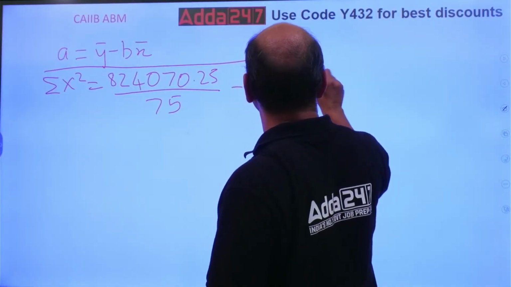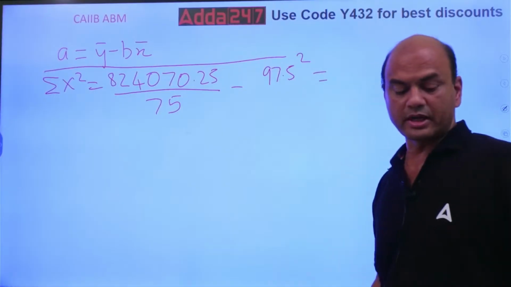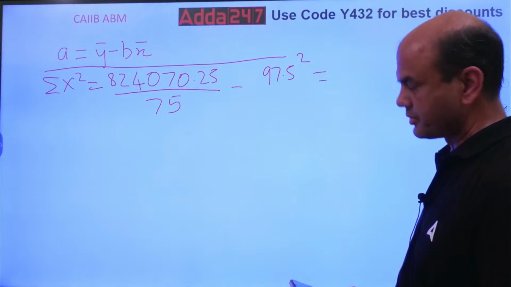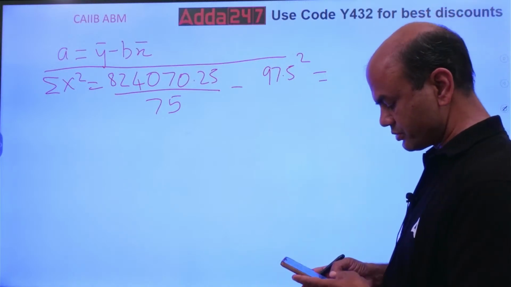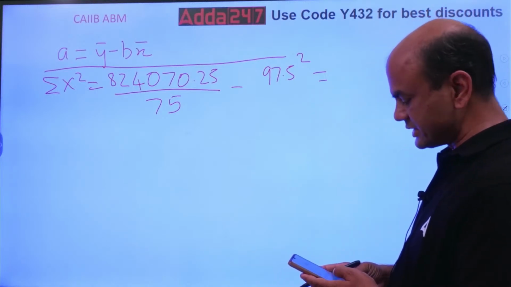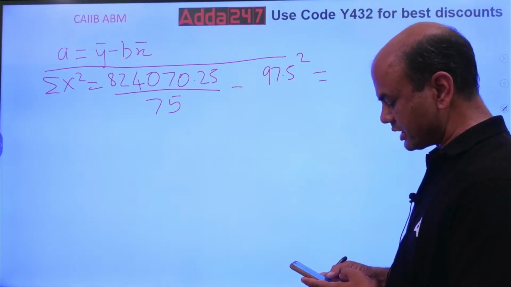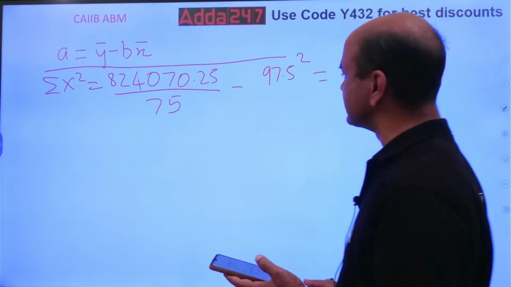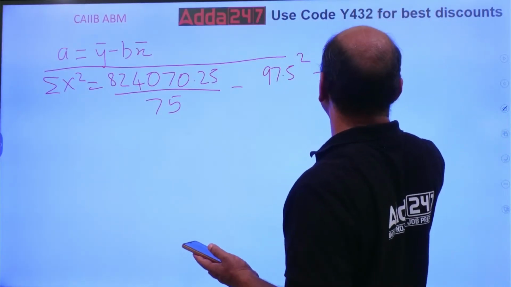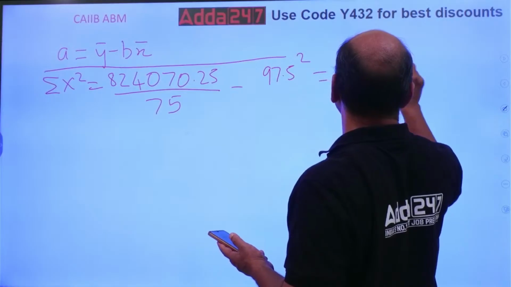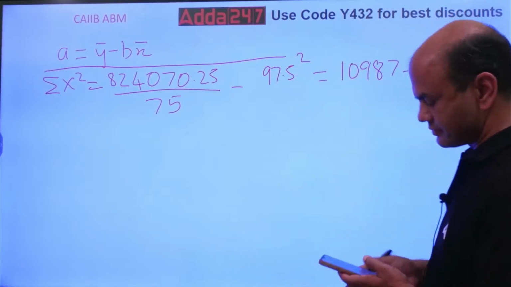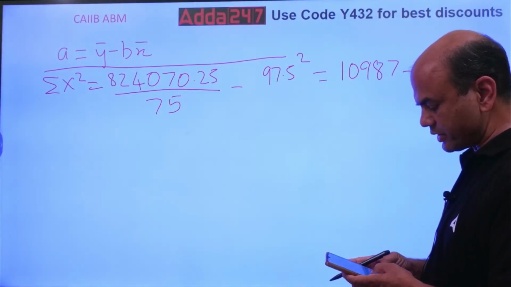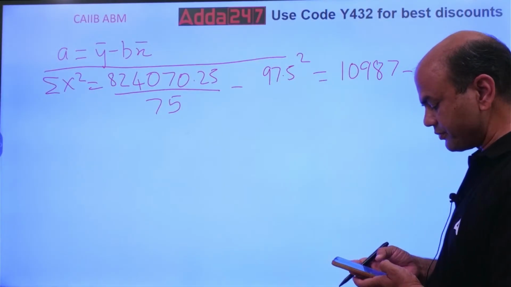Now, get the answer for this. I'll also try. So 824070.25 divided by 75 is 10,987 round. 10,987 minus, what is the square of 97.5?